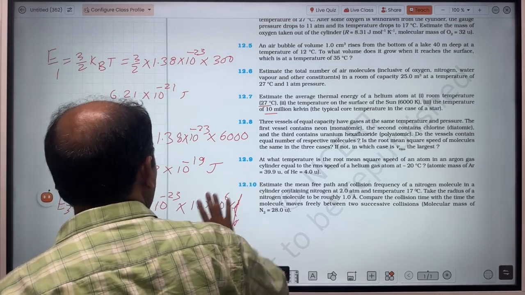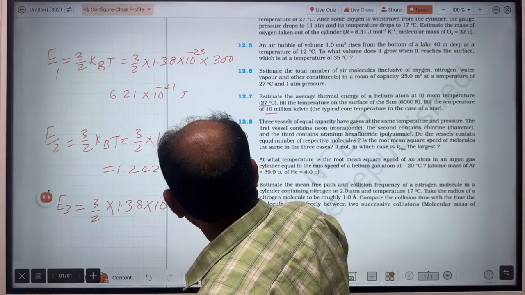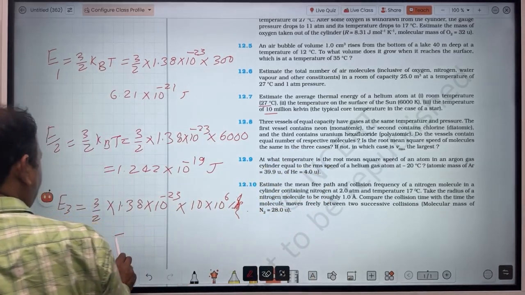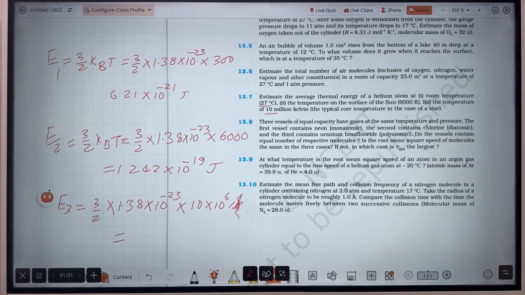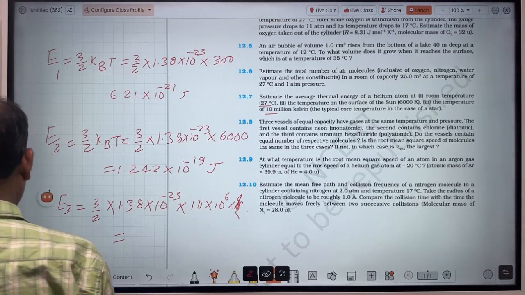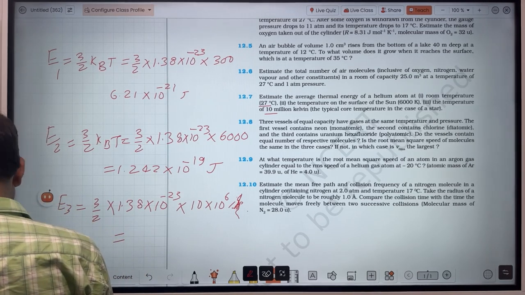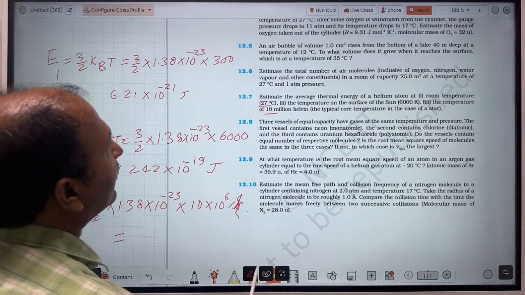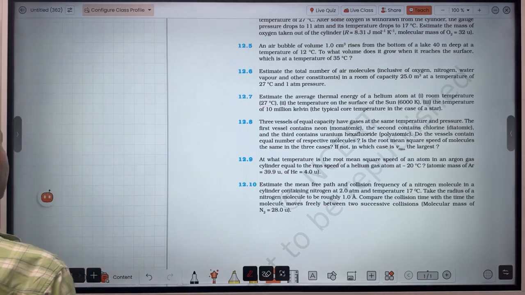Then we can evaluate it. So we will get how much? This time its value will be larger, 2.07 into 10 power minus 16 joule. So you can evaluate it, and this is how you have got the result.